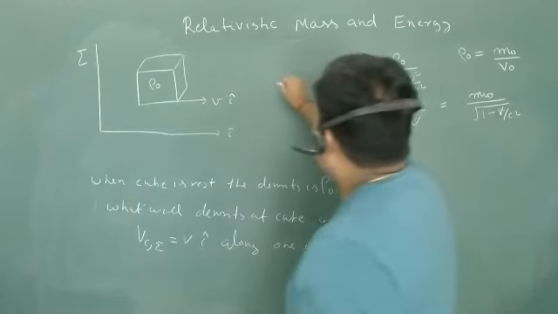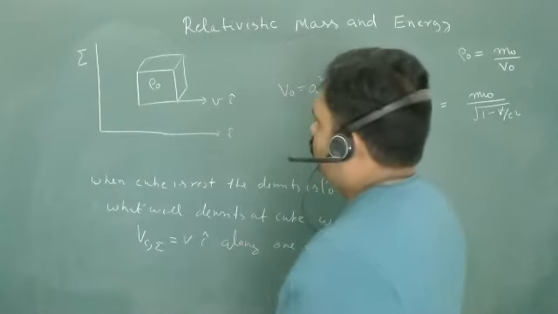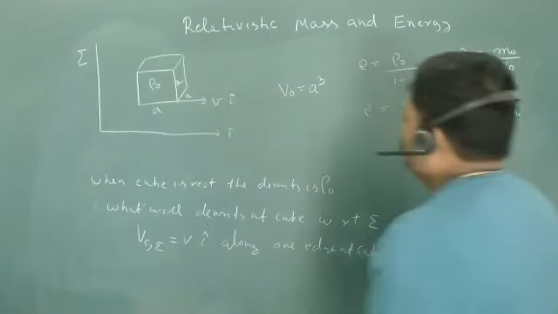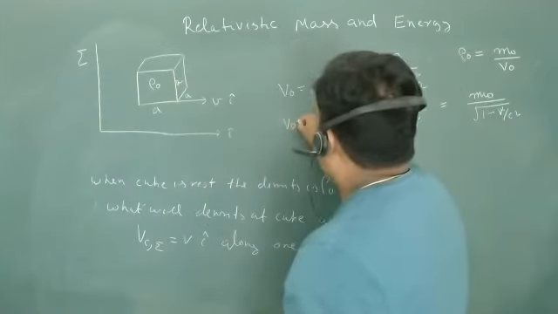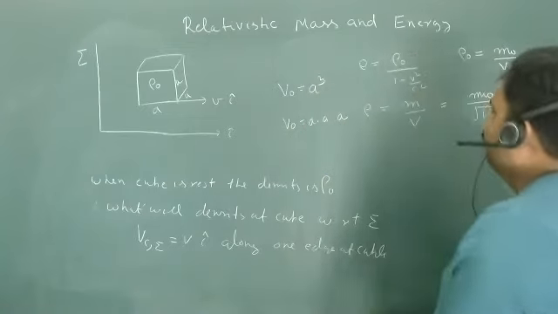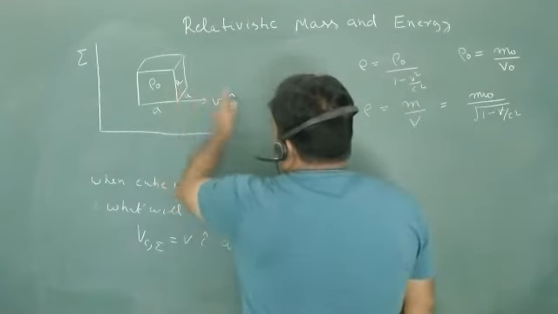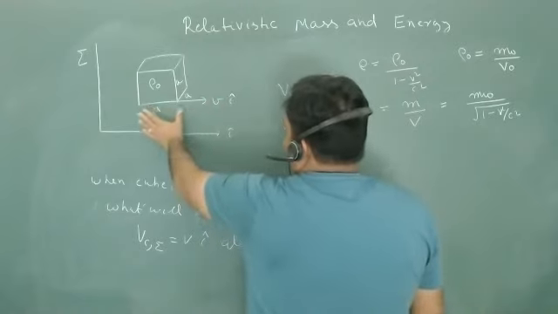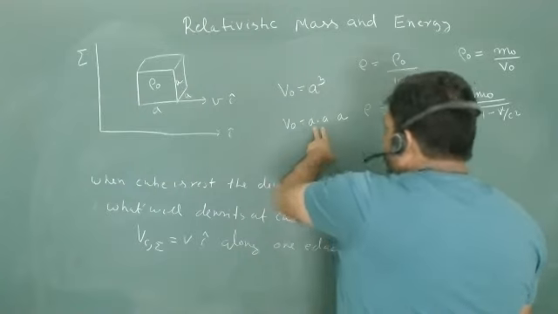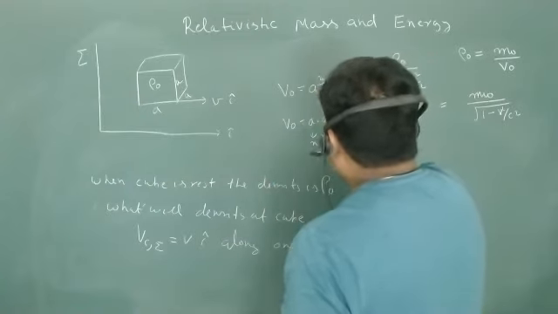And let's say the rest volume is a cube, because I can assume this is a, this is a, this is a. So I can write V naught is a into a into a. Then what will happen when it is moving? Which direction is going to contract? The x direction is going to contract. So this is for x, this is for y, this is for z.